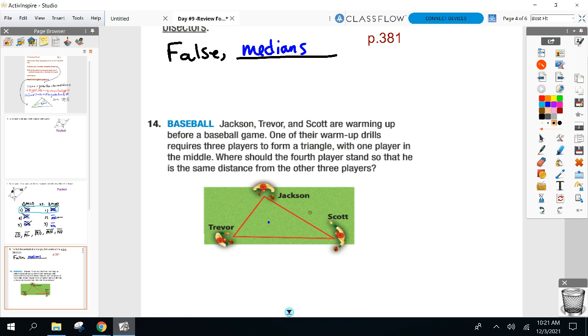The circumcenter is equidistant from all 3 vertices of a triangle, everybody. Okay, the circumcenter. That's why I'm going to grind today with you. It's been a long unit because we had that Thanksgiving break in between.